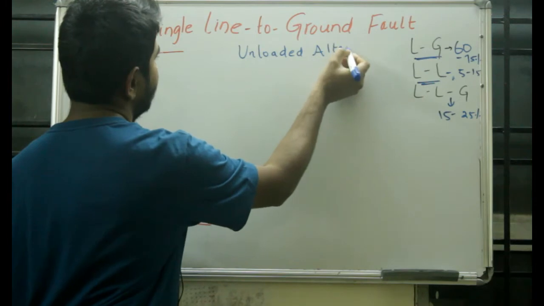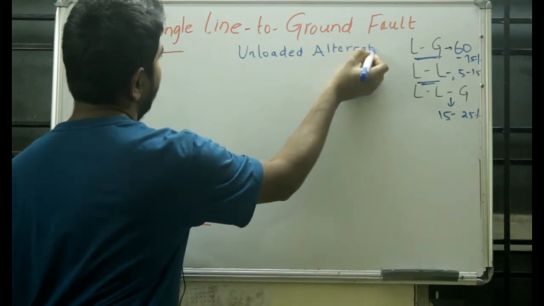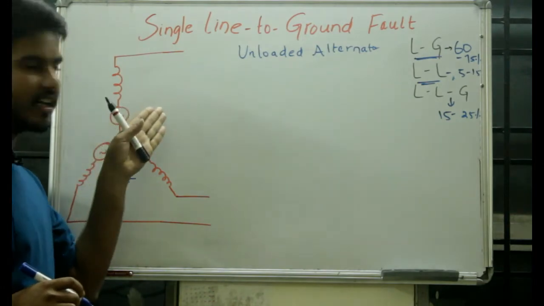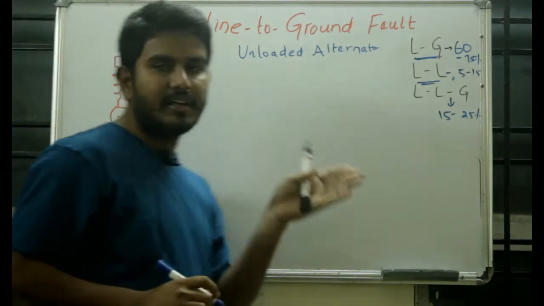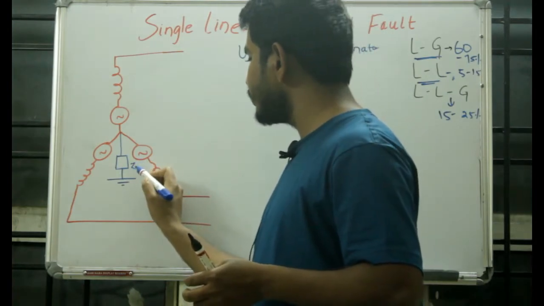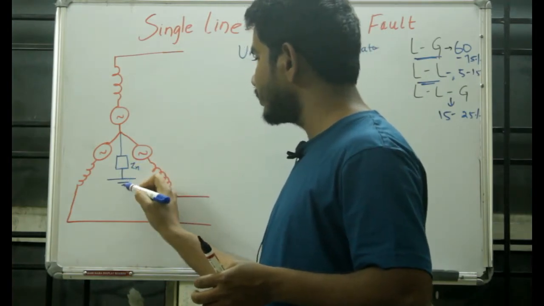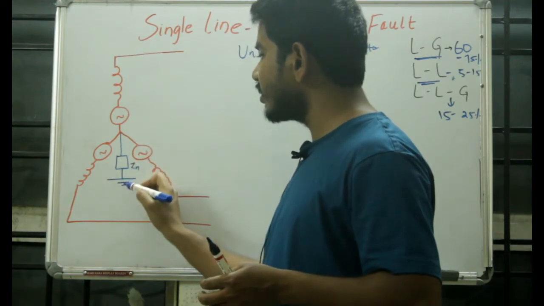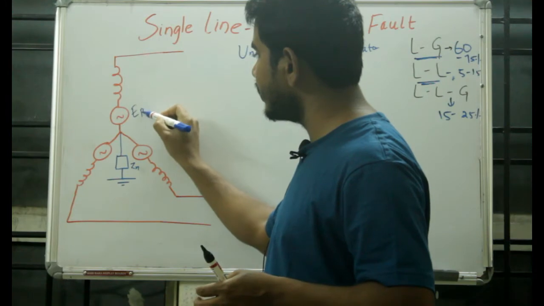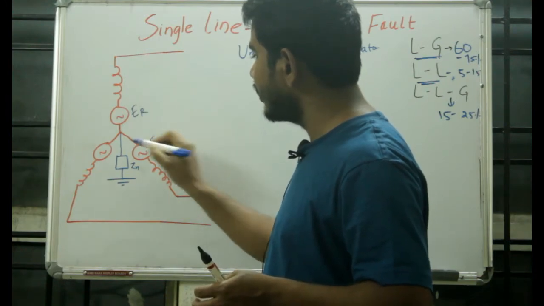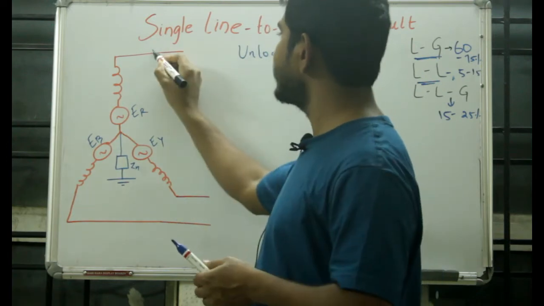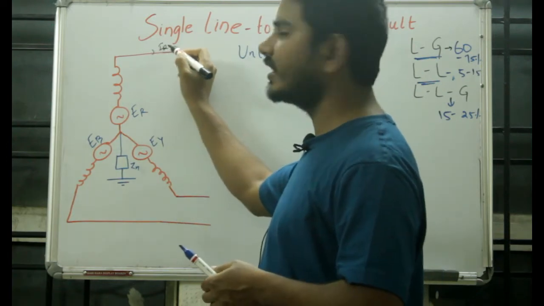Here I am taking a star connected alternator with neutral impedance Zn, so the neutral is grounded through Zn, and we have the phase voltages ER, EY and EB, and the line currents IR, IY and IB.